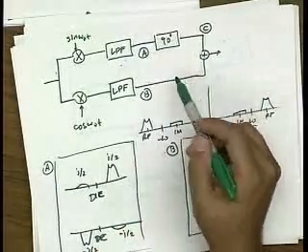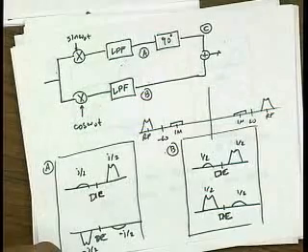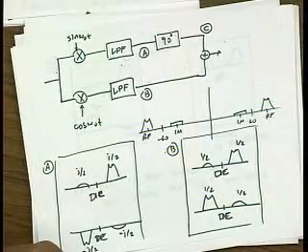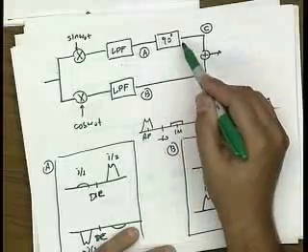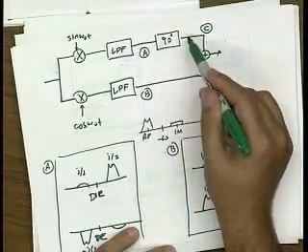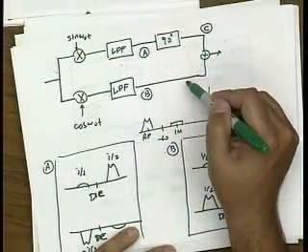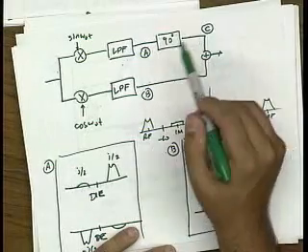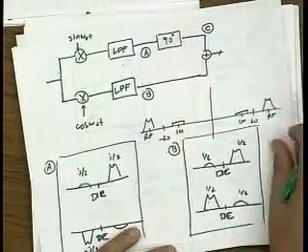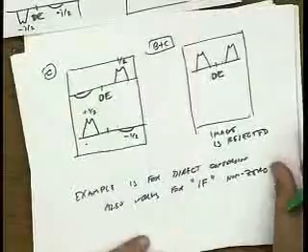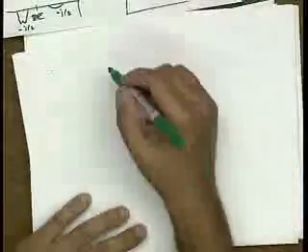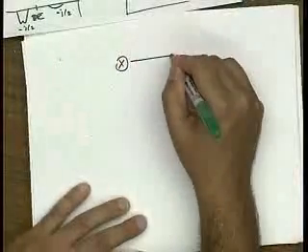Anyone think of a simple way of solving that problem? Yeah, exactly. All that's important is the relative phase difference between this path and this path, not the absolute phase. So instead of doing 90 degrees, what if I put 2 phase shifts in each path? So for instance, here's a more practical implementation.